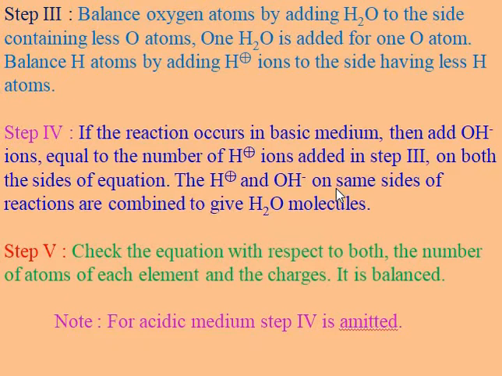Note that for the acidic medium, step 4 is omitted, because in the case of the basic medium, OH minus ions are added equal to the number of H plus ions. If the medium is basic, the fourth step is included. If the medium is acidic, the fourth step is excluded.